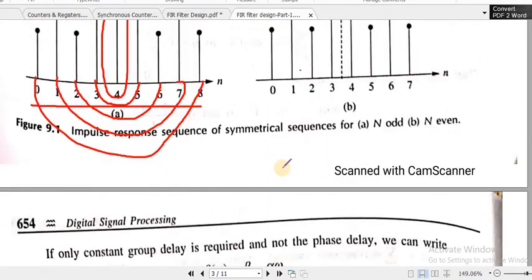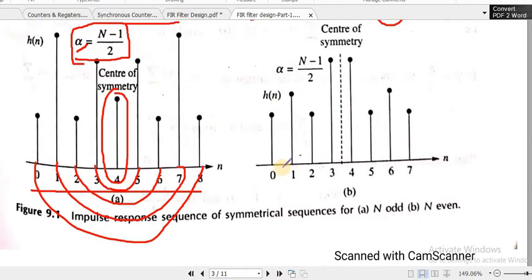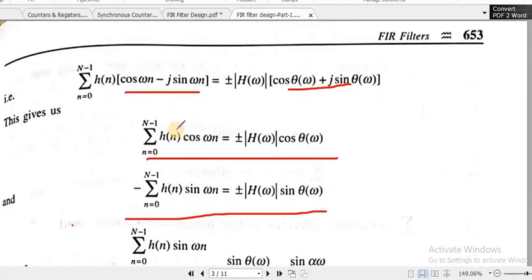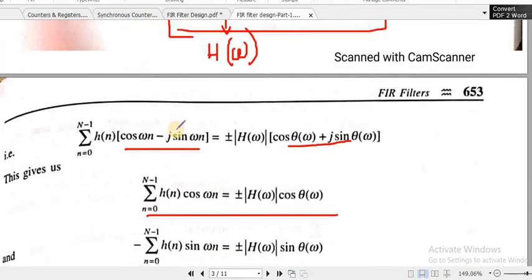So here the length of the filter can be even or odd, and the impulse response can be symmetric about this axis.